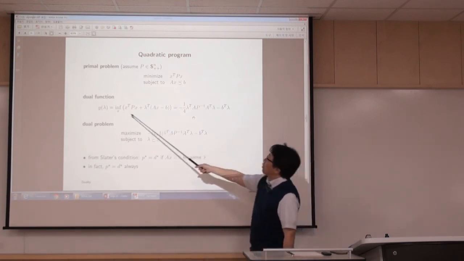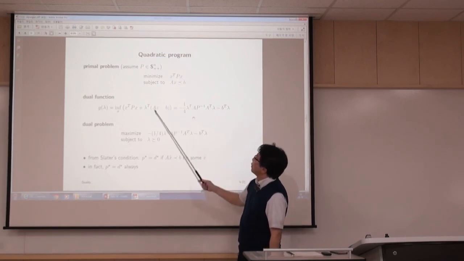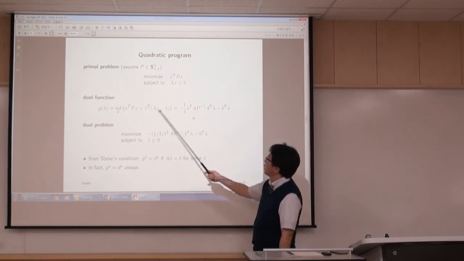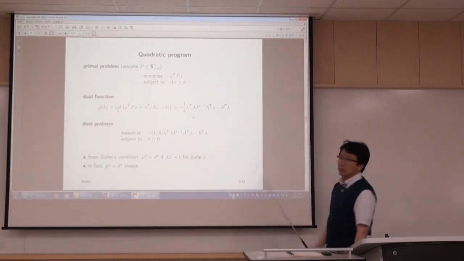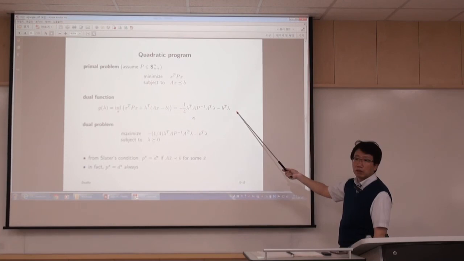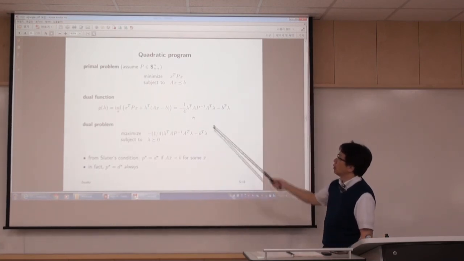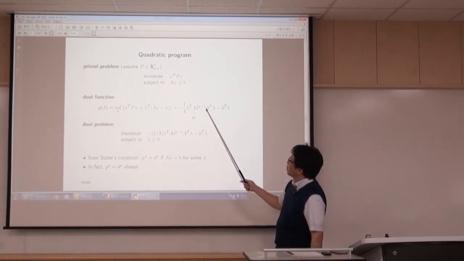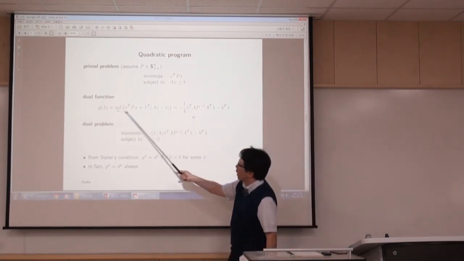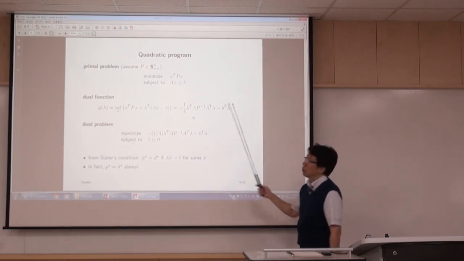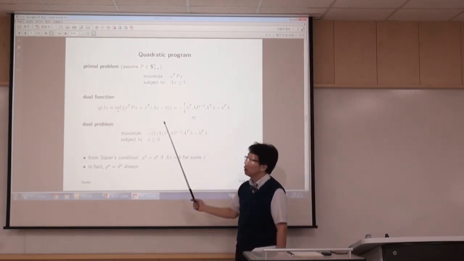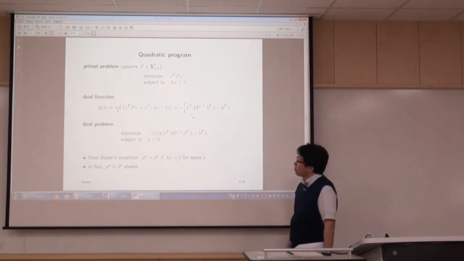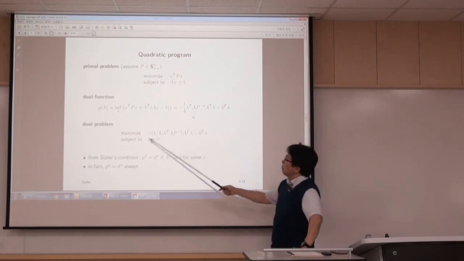Anyway, the dual function consists of the objective, and you introduce dual variable lambda for the inequality constraint, and it's a very simple quadratic function of lambda. And A P inverse, if you infimize, you will end up with this one. So you solve this quadratic problem because P is invertible. So you have that one. Now the dual problem is given by this one.